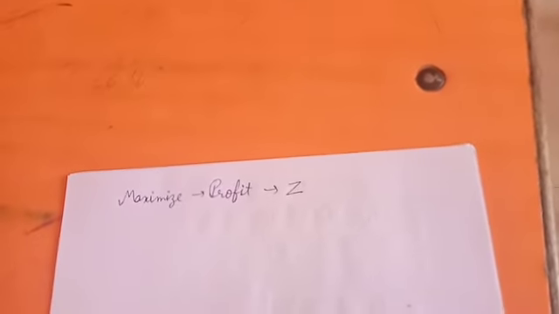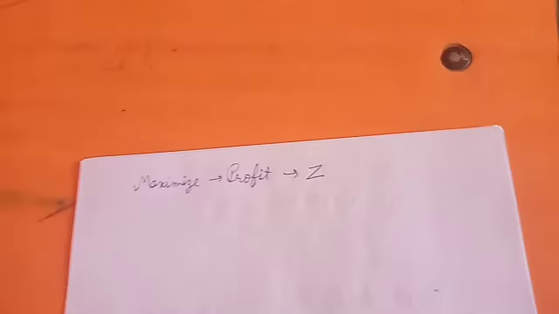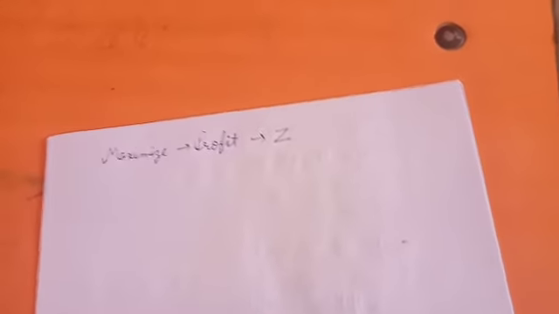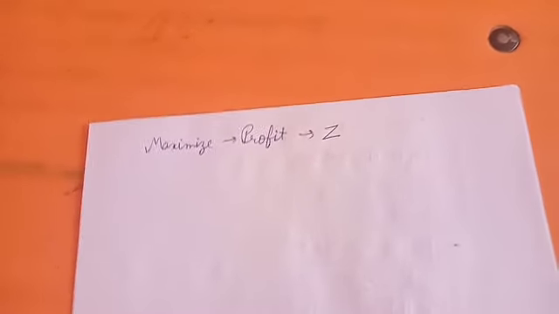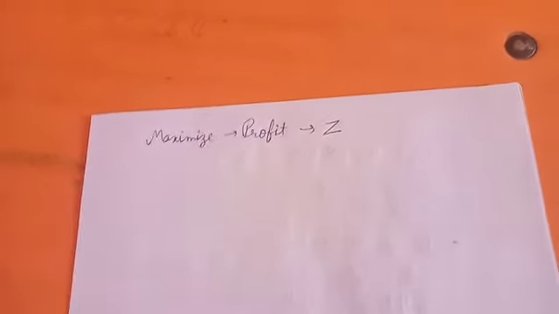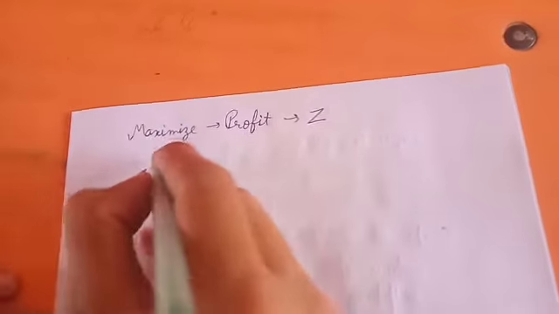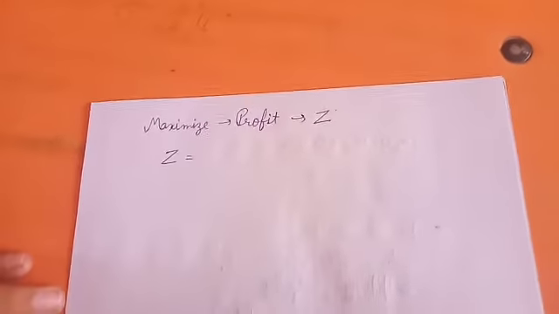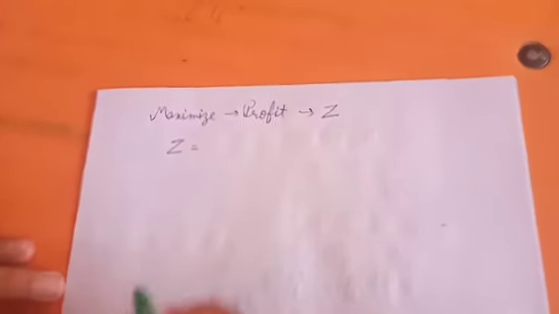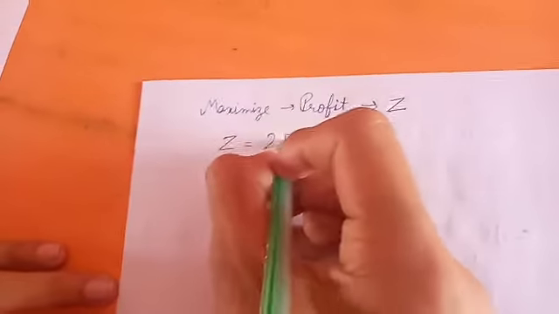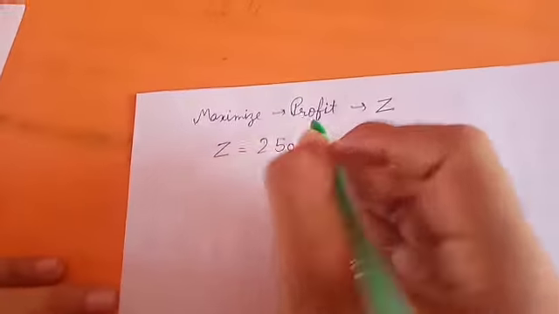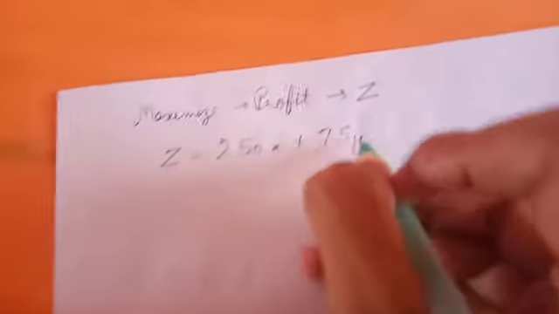Now I assume that he buys x tables and y chairs. So what will be his profit? His profit will be z equal to 250 into x plus 75 into y.